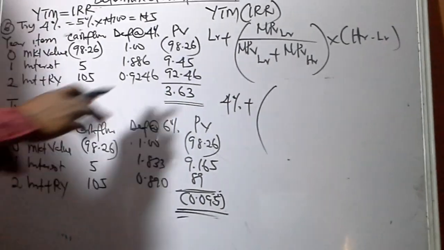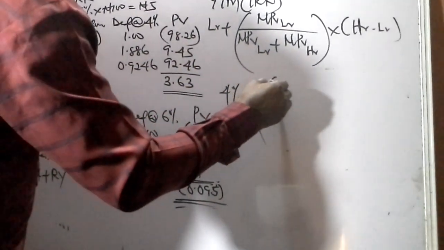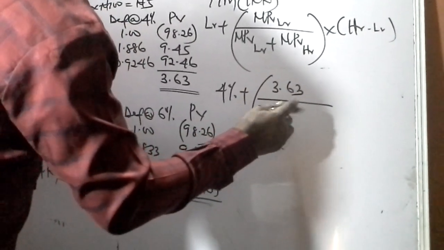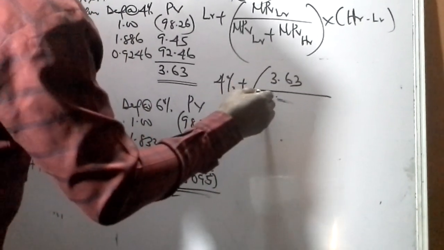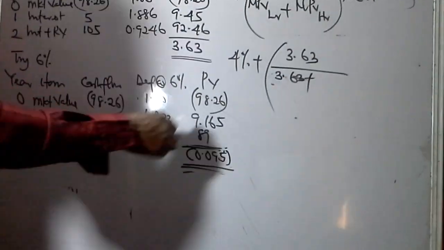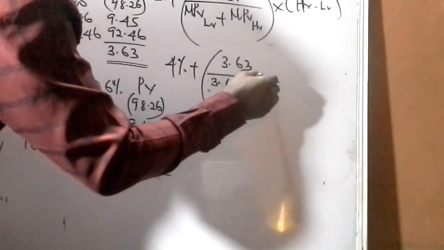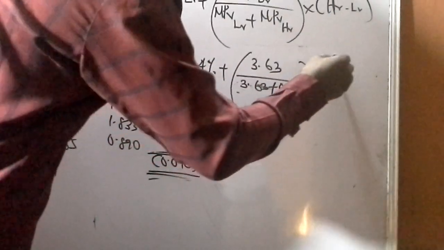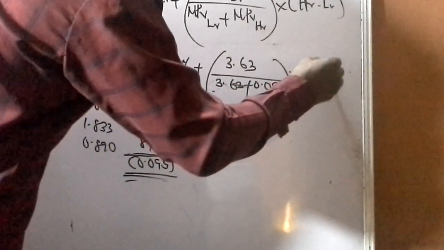What is the NPV of it? 3.63. Again, 3.63 plus the NPV of the higher rate, 0.095 out there. Then the higher rate is 6 and the lower rate is 4.